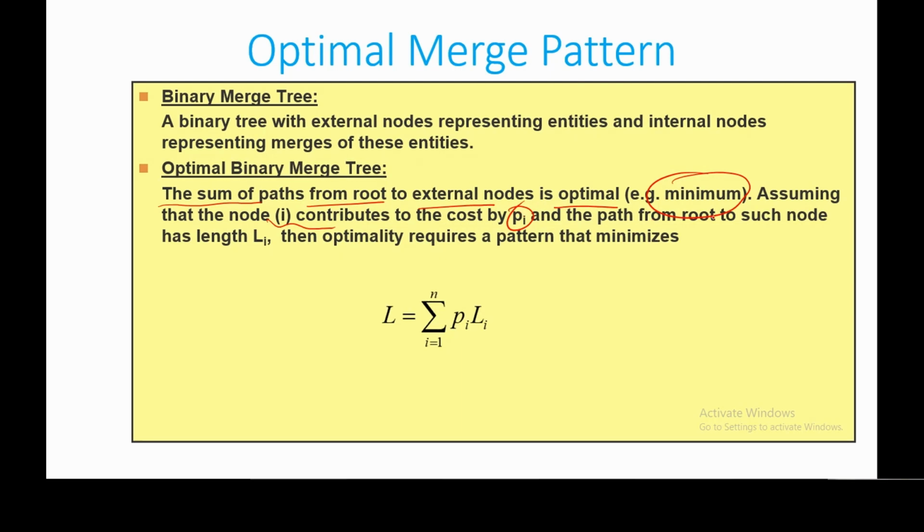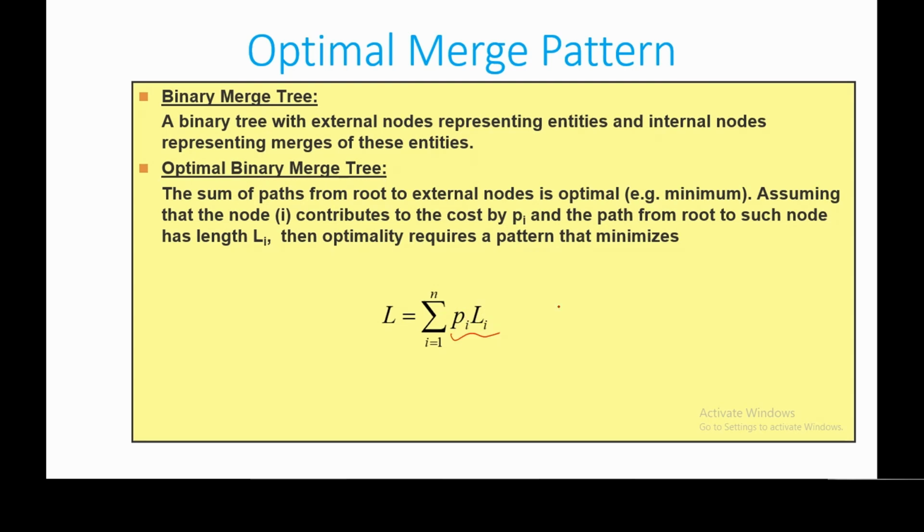The path from the root to such a node has length Li. So this one is the length Li, the length from the root node to that particular node, and Pi is the cost of that particular file, or the length of that file.